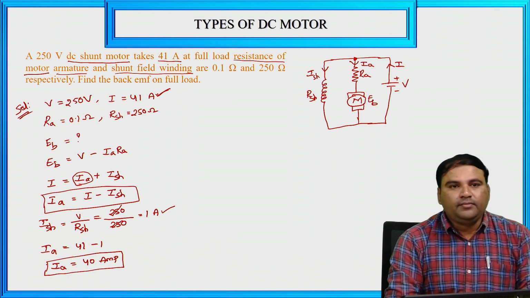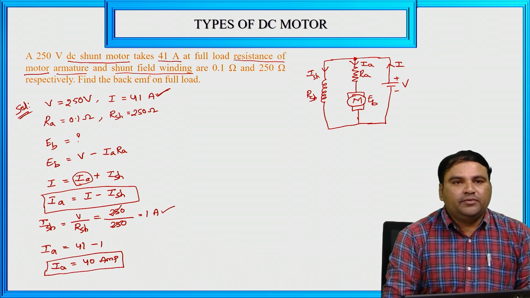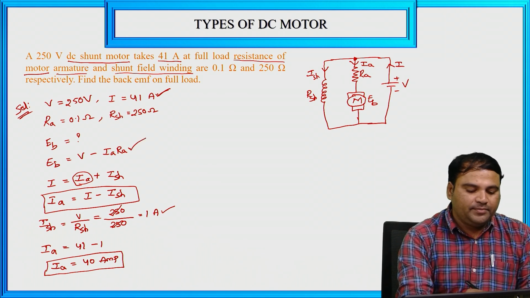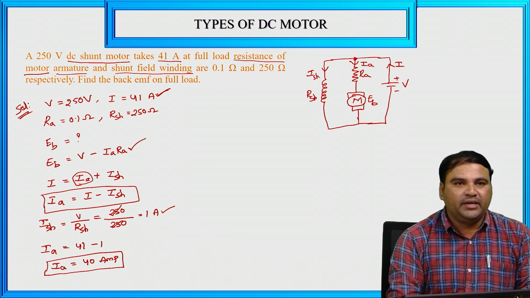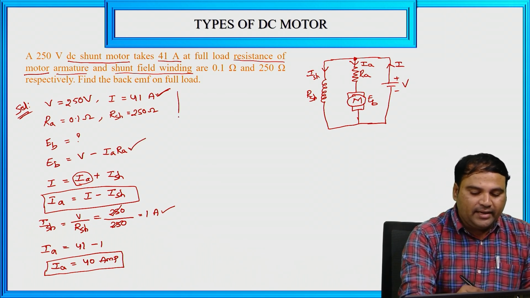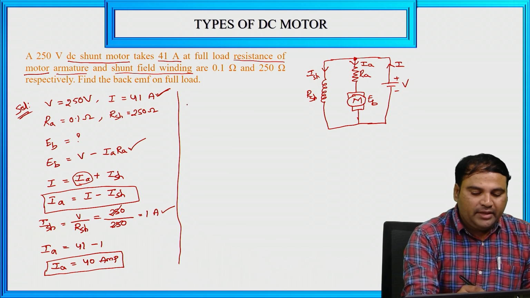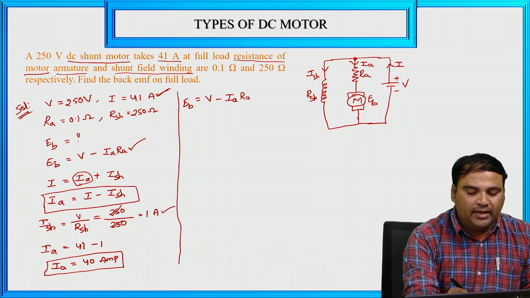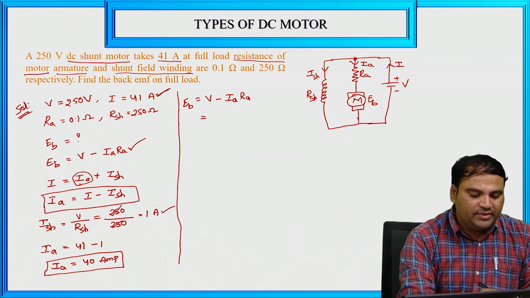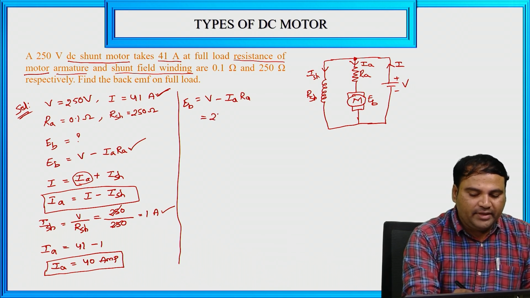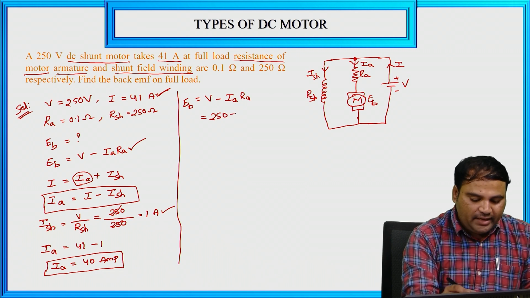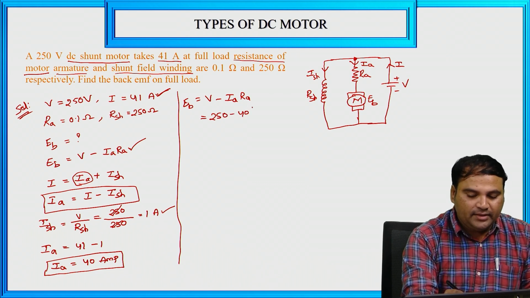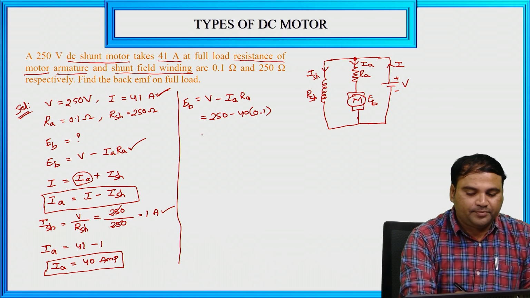Okay. So now we have to find out the EB, that is back EMF EB equal to V minus IARA. So now EB equal to V minus IA into RA, that equal to what is V? Supply voltage 250 minus IA 40 into RA 0.1.